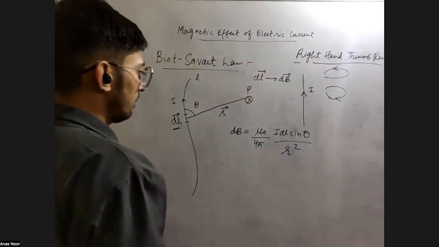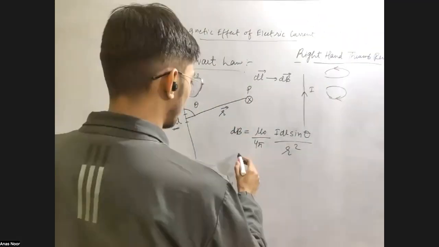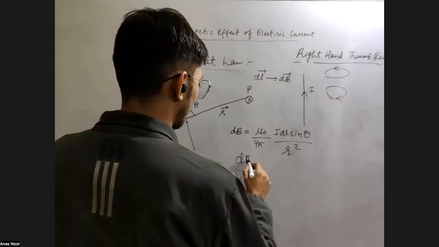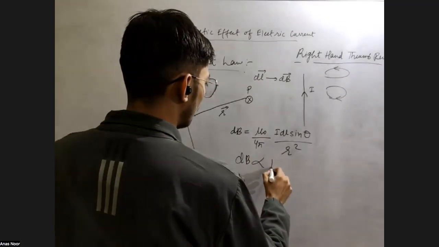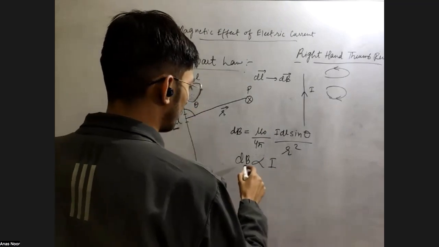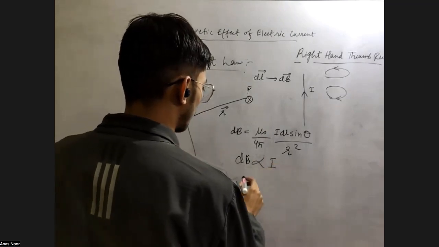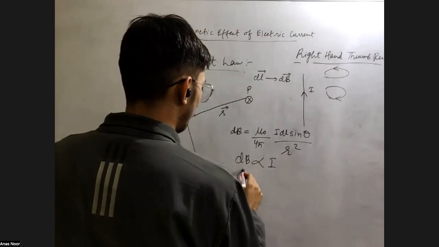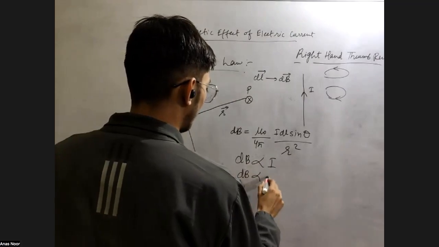So as you can see, this dB is proportional to I. That is, more is the current flowing through the wire, more is the magnetic field. This dB is proportional to sine theta as well.